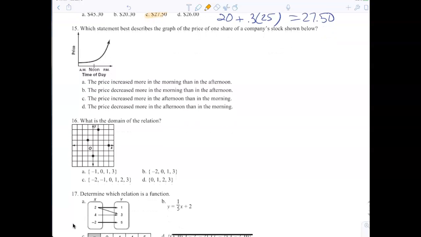Which statement best describes the graph of the price of one share of a company's stock shown below? All right, so what happened to the price? Well, it definitely didn't decrease. And then did the price increase more in the afternoon than in the morning, or more in the morning than in the afternoon? It definitely increased more in the afternoon.